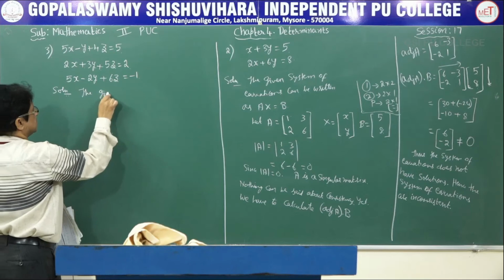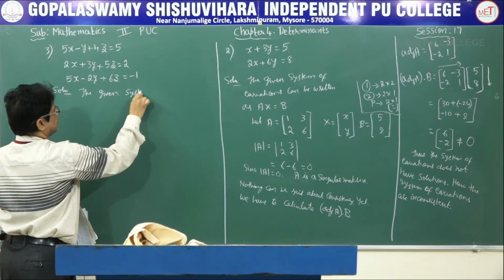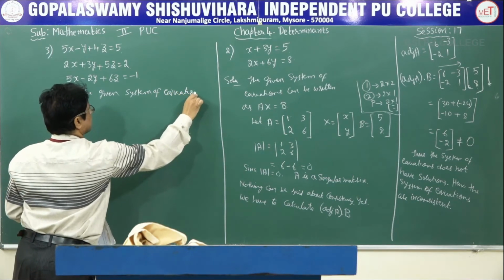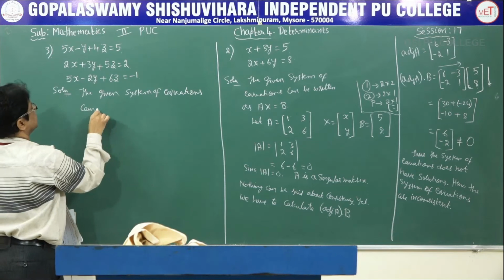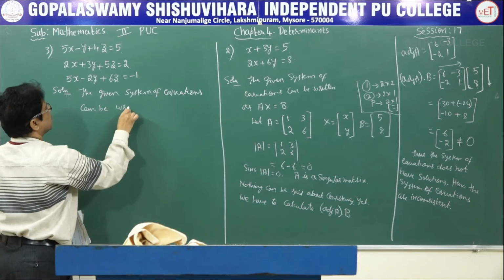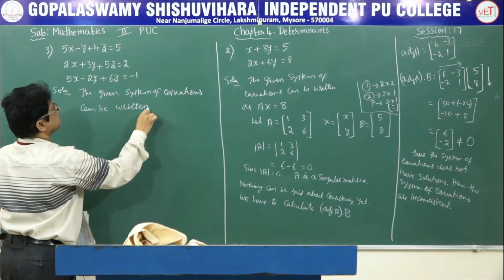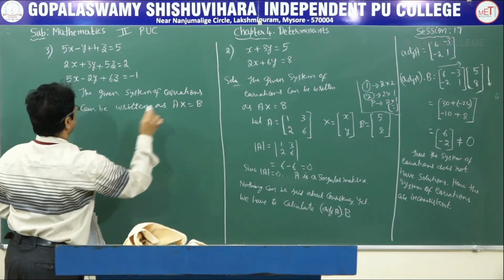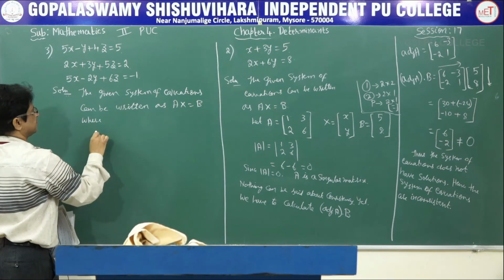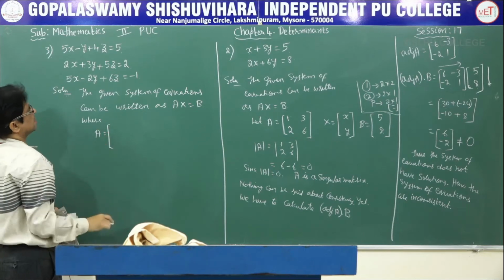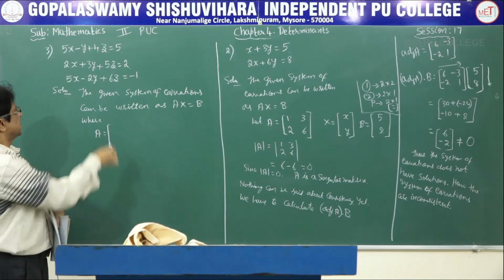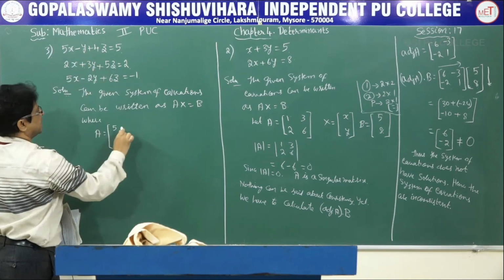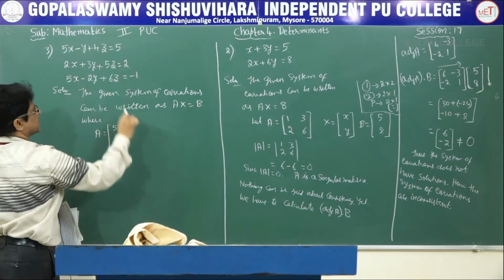The given system of equations can be written as Ax equals B, where A equals the coefficients of x, y and z in the given equations. So, coefficient of x is 5, coefficient of y is minus 1 and coefficient of z is 4.